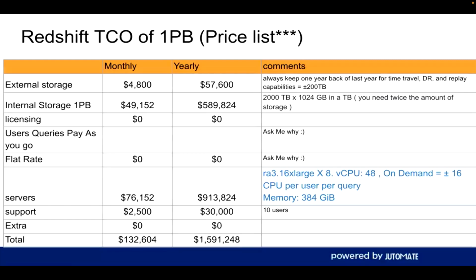But the thing you're missing here in the TCO analysis is that in order to utilize Redshift Spectrum, you need a powerful cluster such as this. Otherwise, you won't be able to process 1 petabyte using Spectrum.